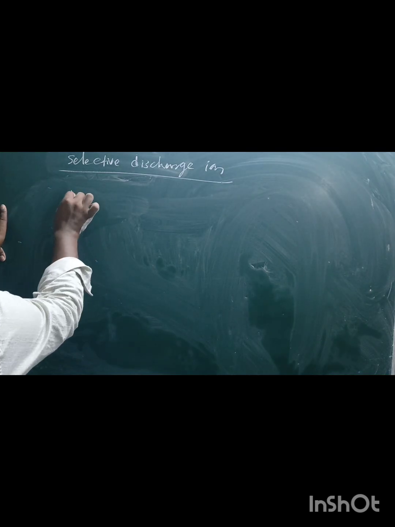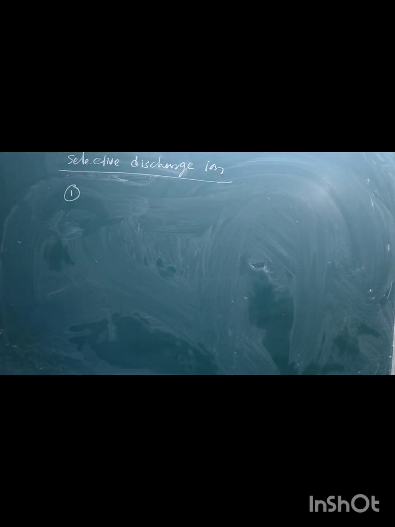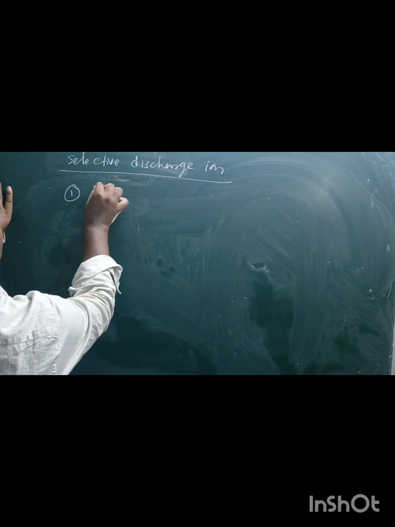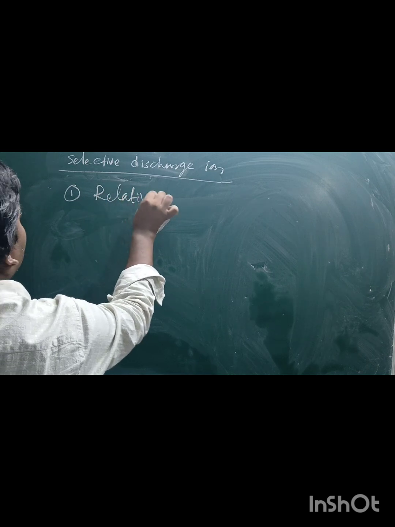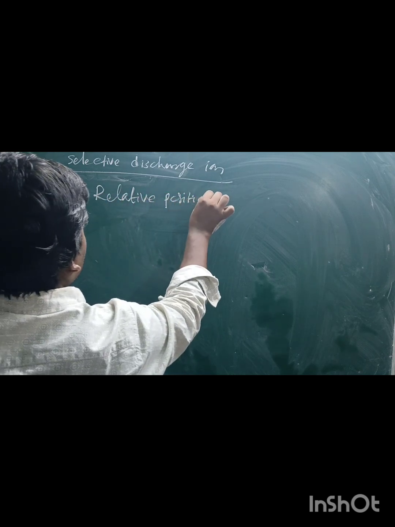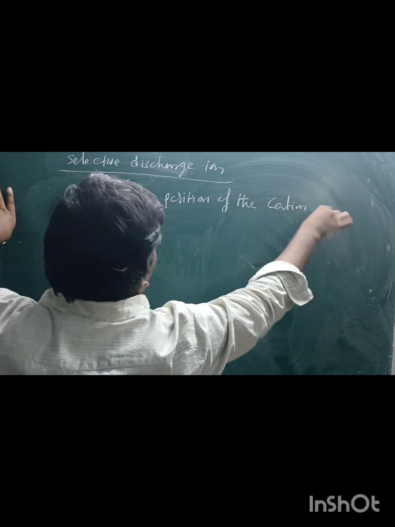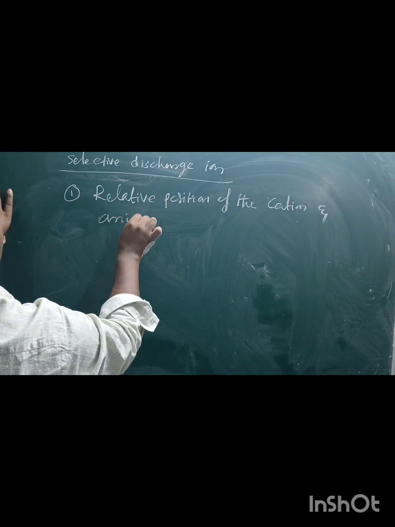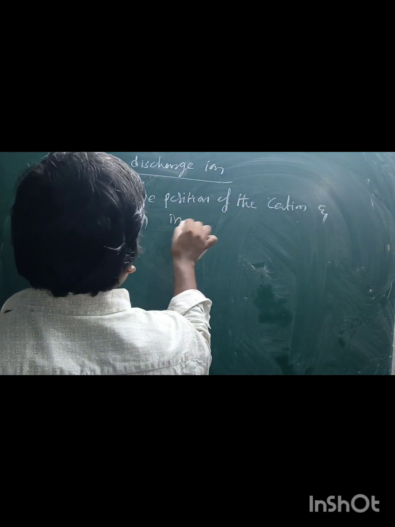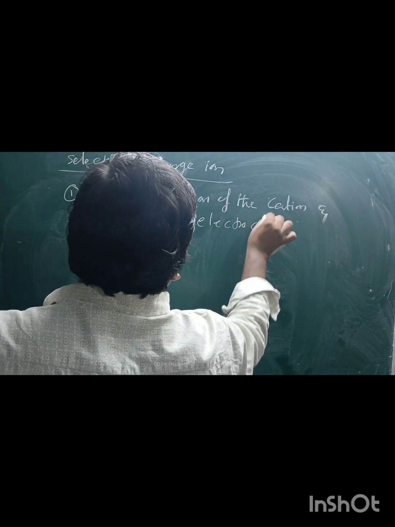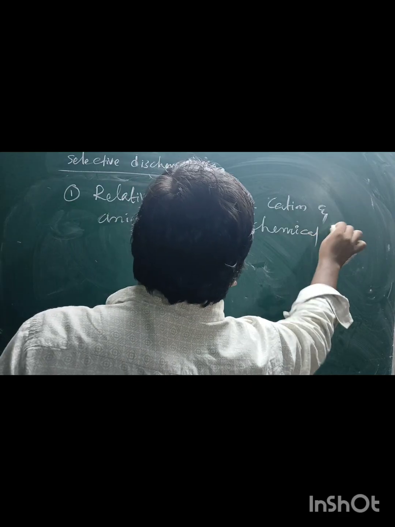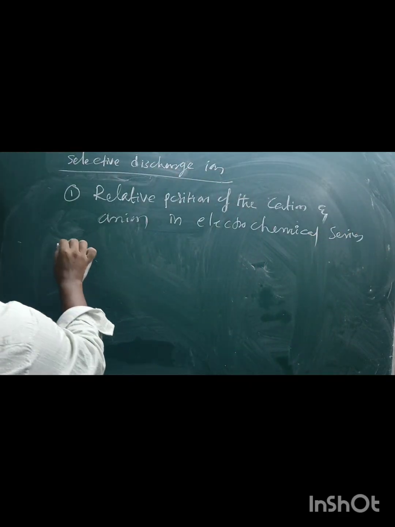Selective discharge of ions depends upon some factors. First, the relative position of the cation and anion in the electrochemical series.